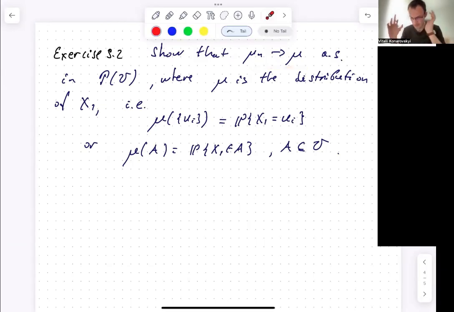Then we know roughly the strong law of large numbers for the empirical distribution. And now the question is, what can we say about the large deviation principle for that family.